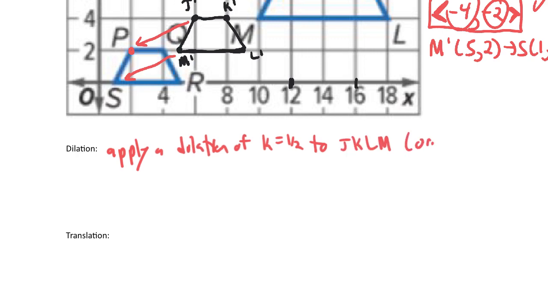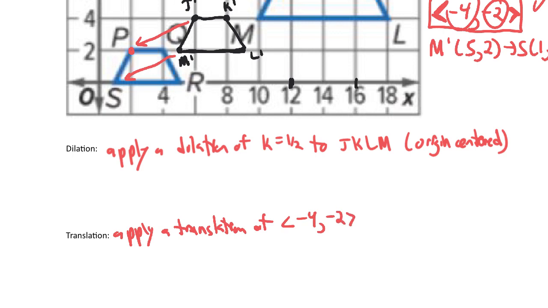And I'll just write here origin centered. The dilation is origin centered. Okay? Once we've done that, we apply a translation of, let's see, -4, -2 to J prime, K prime, L prime, M prime. And that takes us to PQRS.